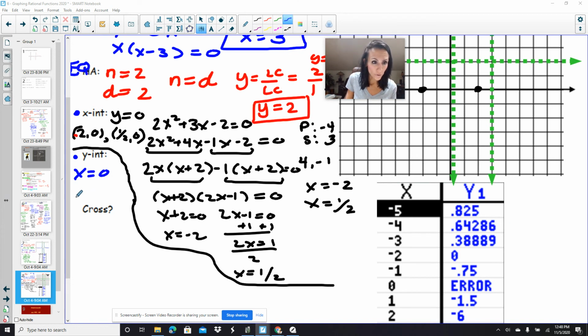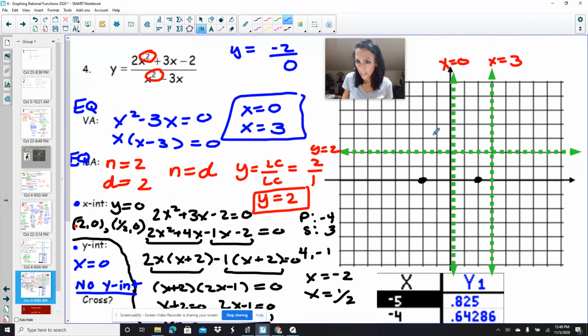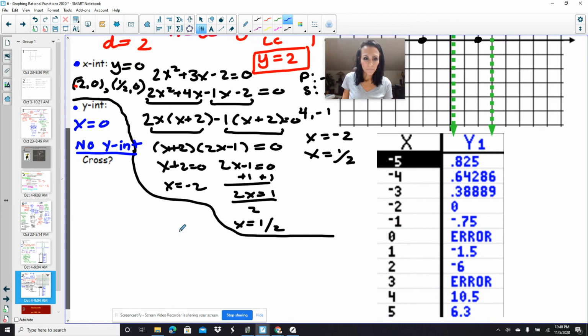So no y-intercepts. So this function does not cross the y-axis at all. Oh, yeah, of course it doesn't, because look what's there, a vertical asymptote. So that makes sense.